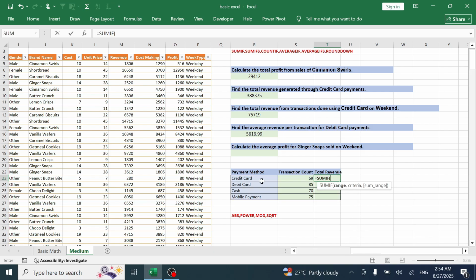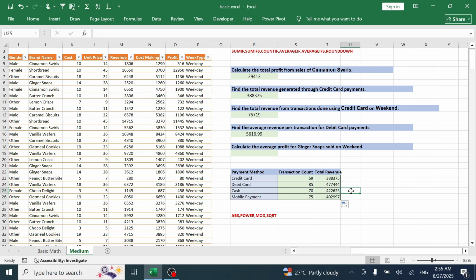We need to give the range, so we can give the bakery payment method, and the criteria will be credit card, and the sum range will be, we need to calculate total revenue, so we need to give the revenue range in the bakery table, revenue column, close the bracket. So total revenue generated from credit card is 38 lakh. You can see same here and same here. Now for autofill, you need to double click here.